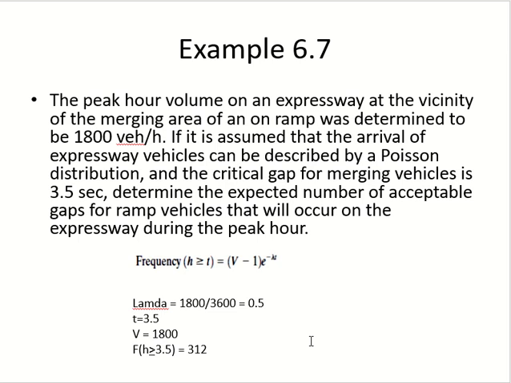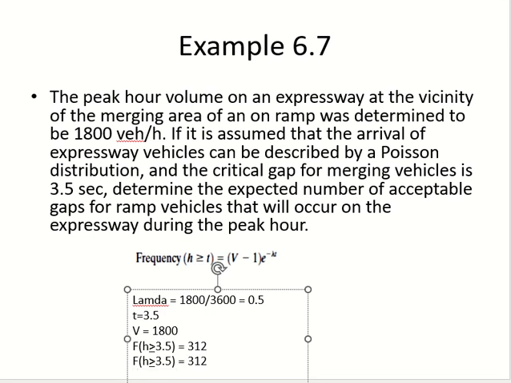T was 3.5, so instead of taking the power 3.5, you will take 3.5 minus 1. Multiply by lambda. How much is this? 514. Did it increase or decrease? Increase.